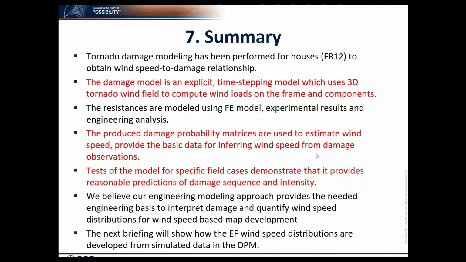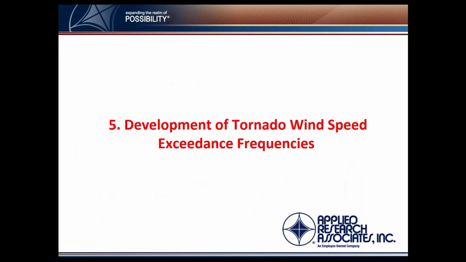In summary, our damage model is an explicit time-stepping model which uses a 3D tornado wind field to compute wind loads on the frame and components. We produce damage probability matrices to estimate wind speed, and we showed some specific validation cases which provide reasonable prediction of damage sequence and intensity.